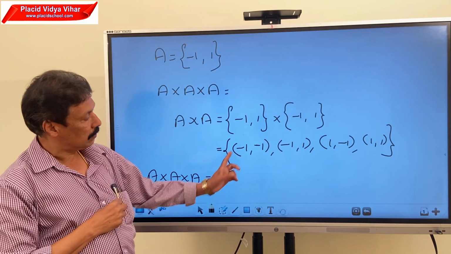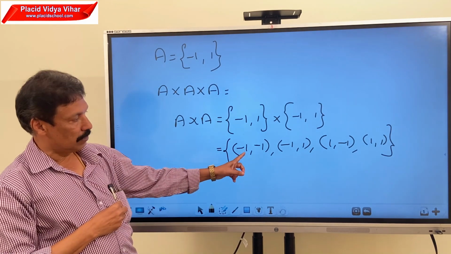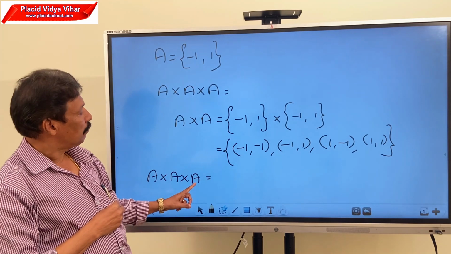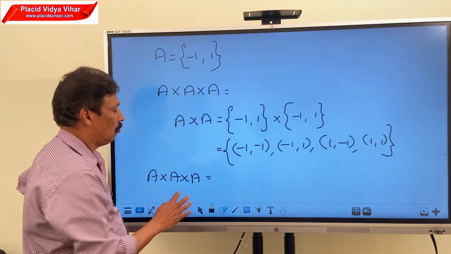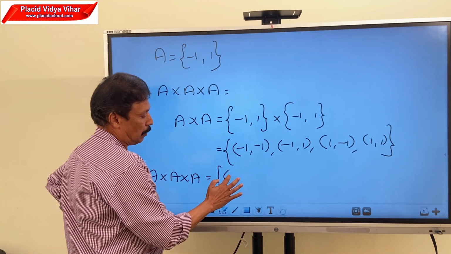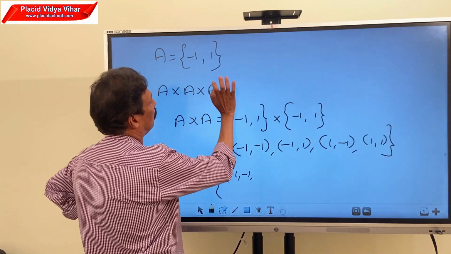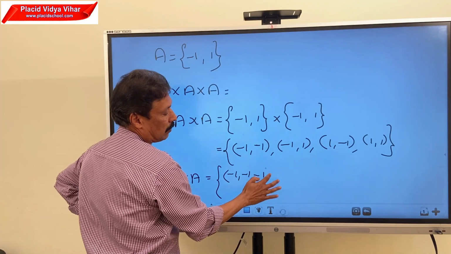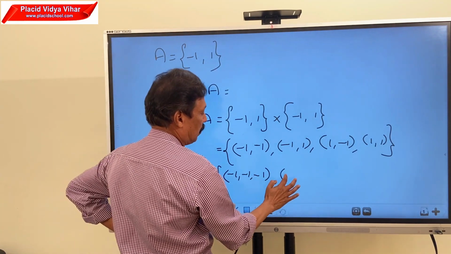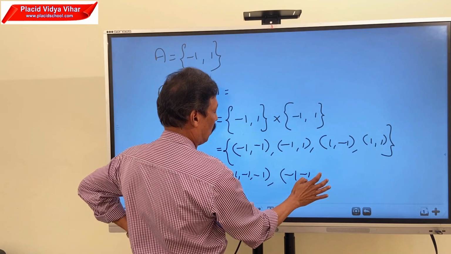In A cross A, the first element is -1, and the first element taken from A is also -1. That is the first element, (-1, -1). The second element is (-1, 1).